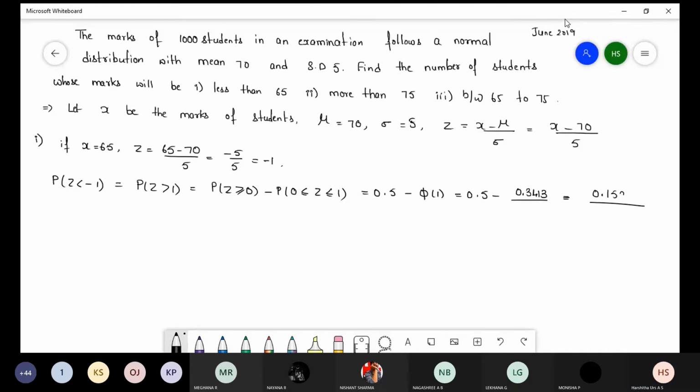Further, we have to write, for 1,000 students, how many of them have scored less than 65.